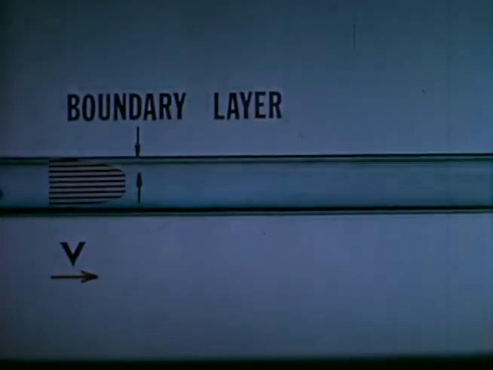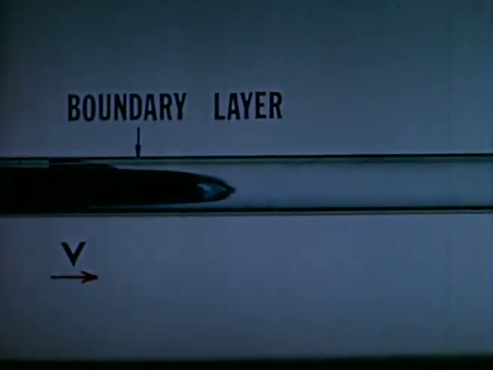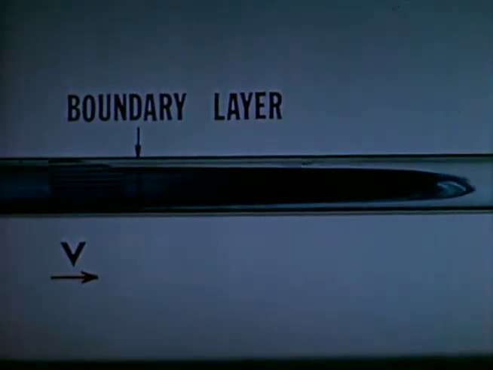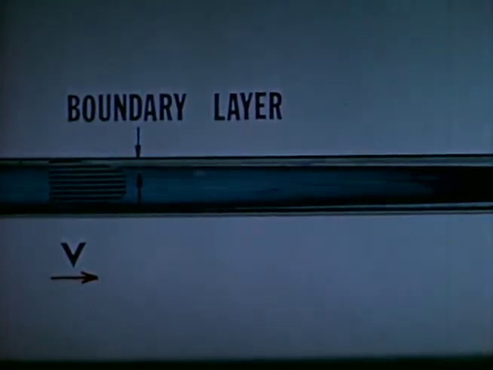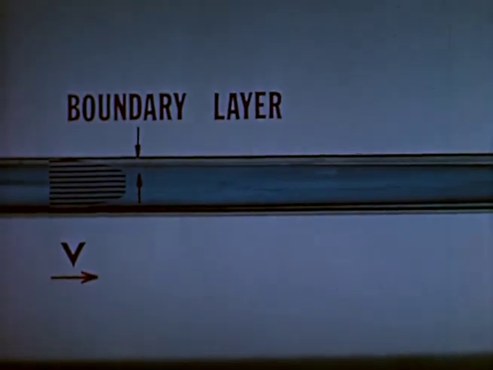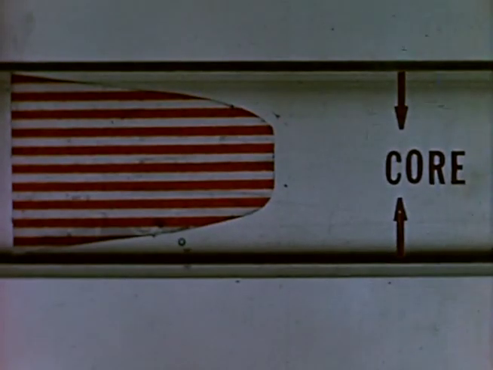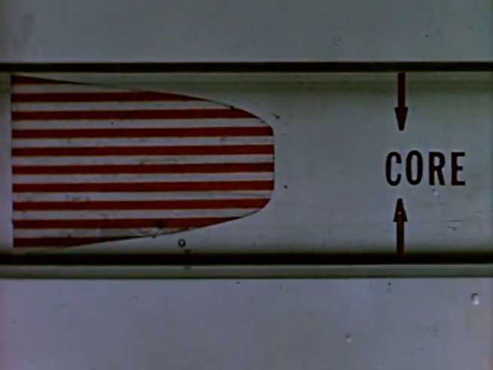Boundary layers also develop in the entrance region of a pipe, leaving an undisturbed core in the interior of the pipe.